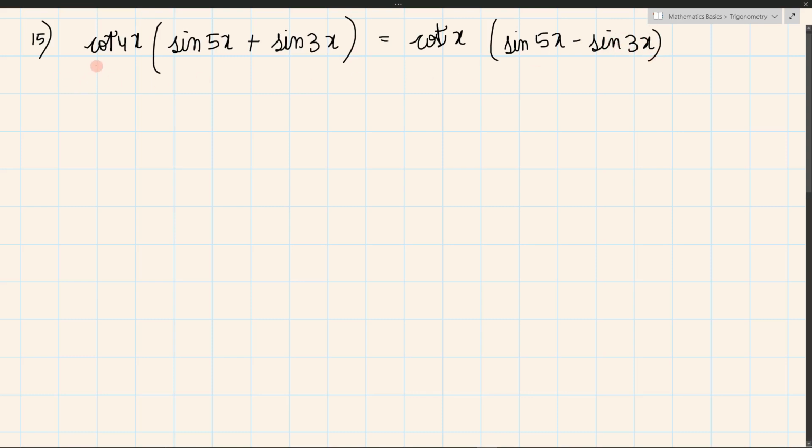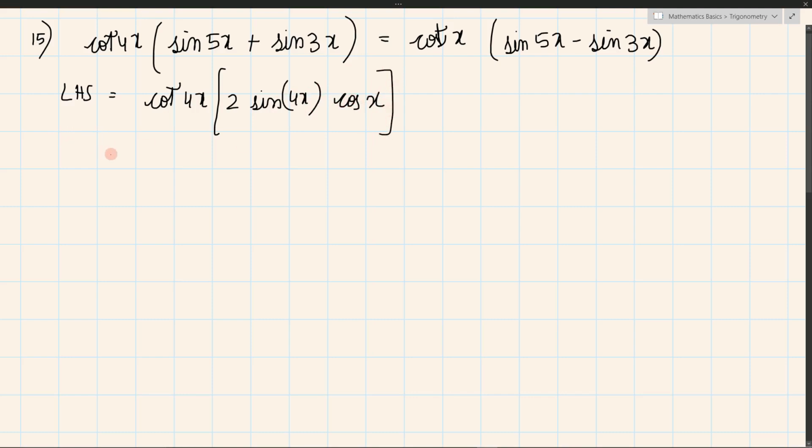Let us consider the LHS, cot 4x into sine A plus sine B, which is nothing but 2 sine of (A plus B) by 2, that is 4x, into cos of (A minus B) by 2, that is x.